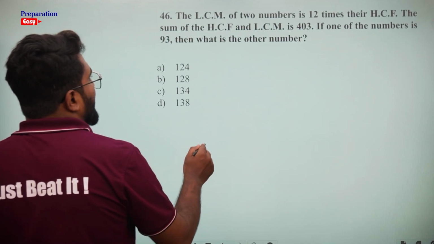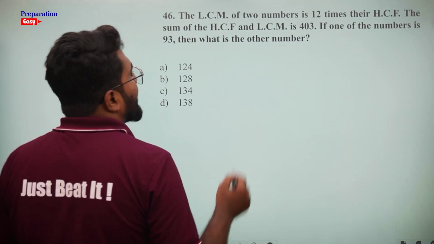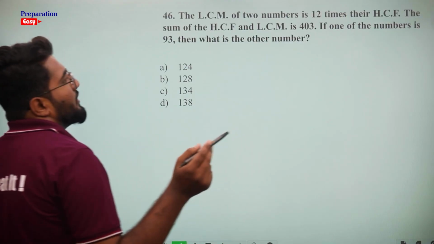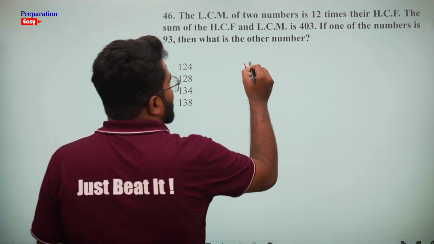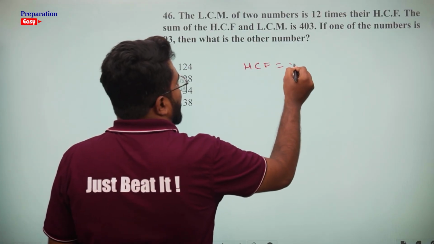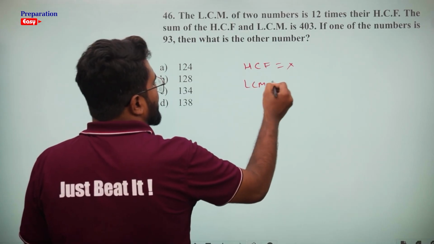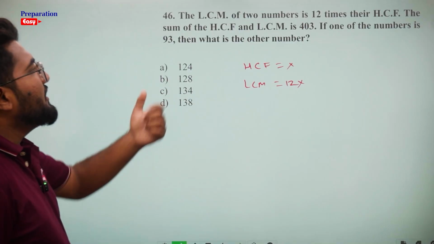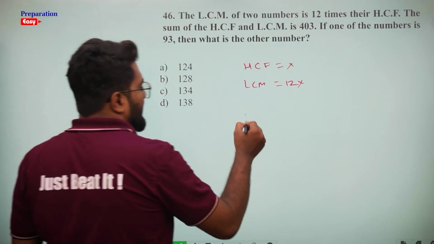Okay, question number 46. The LCM of two numbers is 12 times their HCF. If I consider HCF as x, then LCM will become 12x. Sum of HCF and LCM is 403.